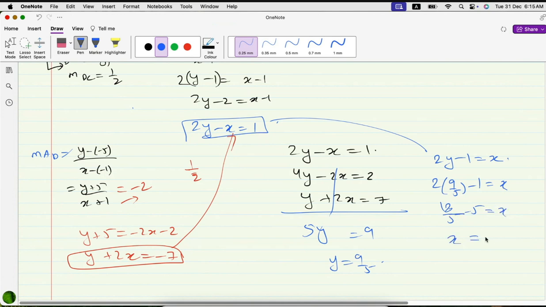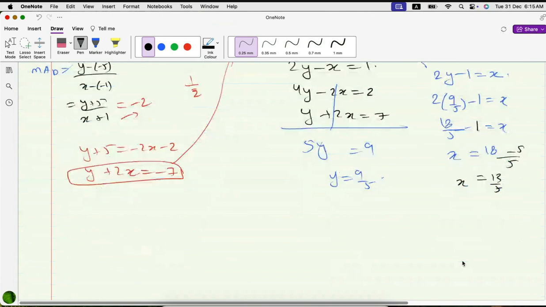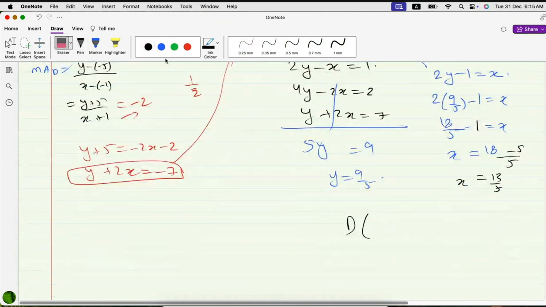X is equal to, sorry, that was 1 before we take the LCM, and it's 13 by 5. So coordinates of D are x 13 by 5 and y 9 by 5.